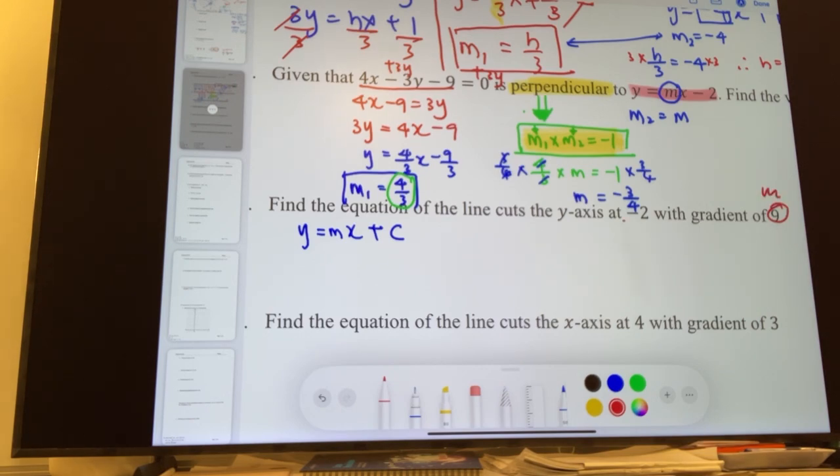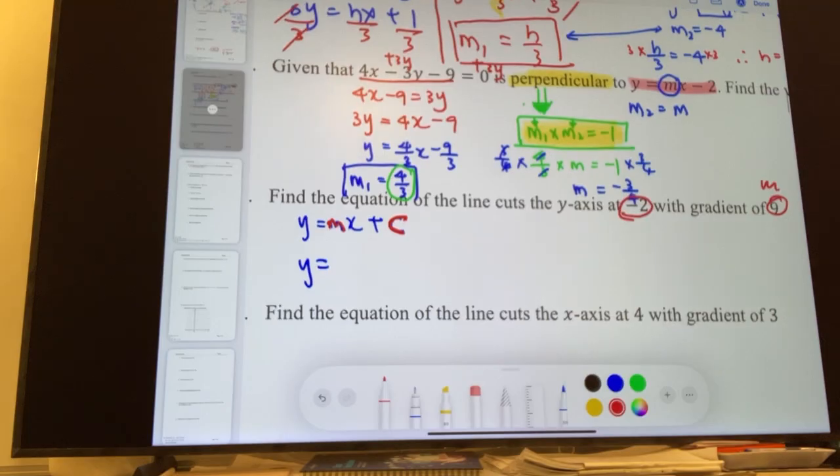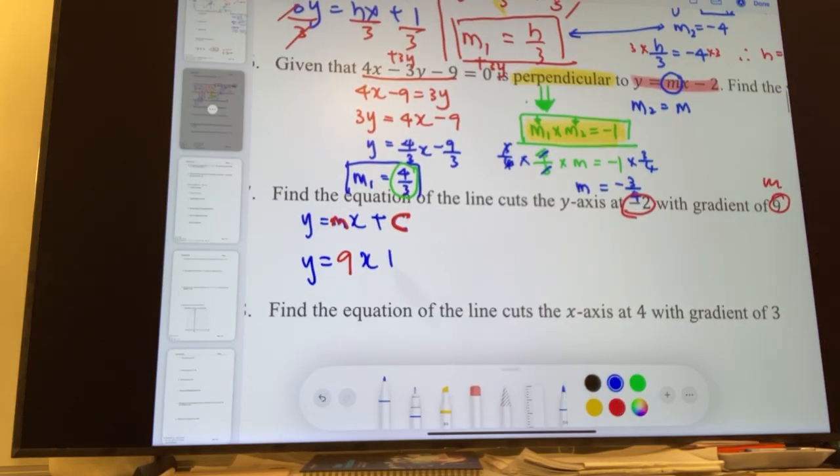Yes, you do. This is your c. Just put it in. So your equation is going to be y equal to 9x, and then plus your c which is -2. So y equal to 9x minus 2.